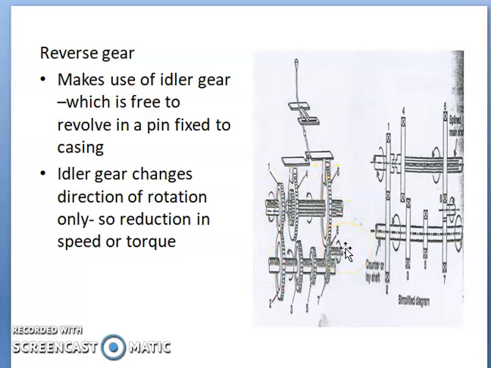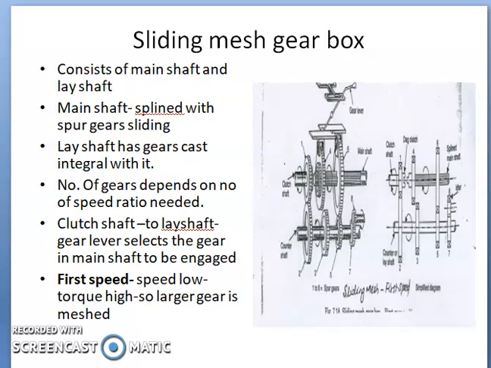So now we have discussed the sliding mesh gearbox. The sliding mesh gearbox consists of a main shaft, counter shaft, and it mainly uses spur gears. So this gearbox is a 3-speed gearbox. We have seen how the 3 speeds are obtained. For the first speed, we engage the smallest of the counter shaft gears with the largest of the main shaft.